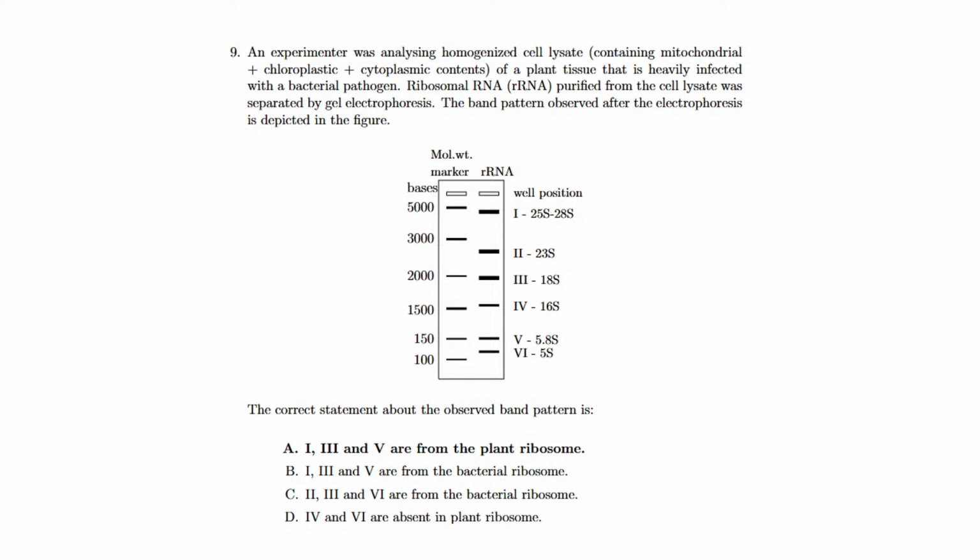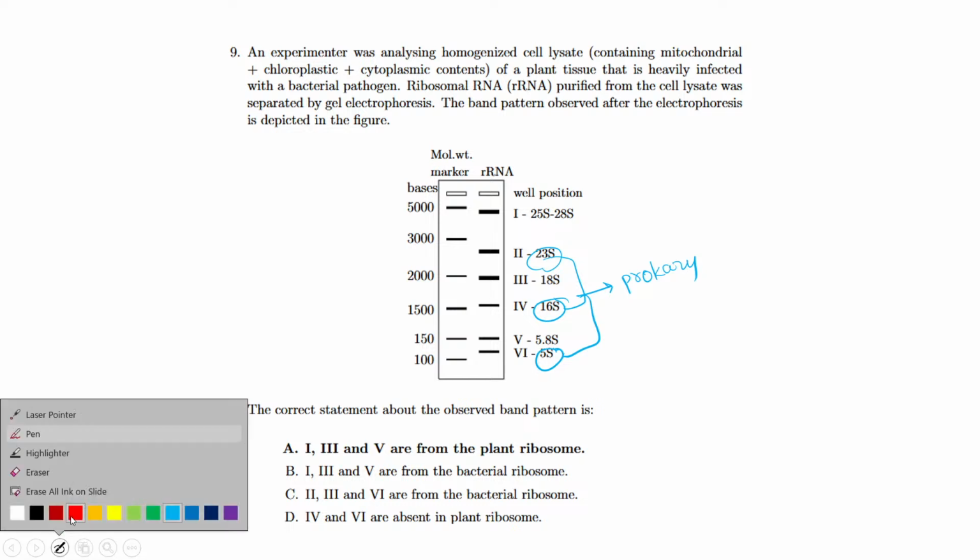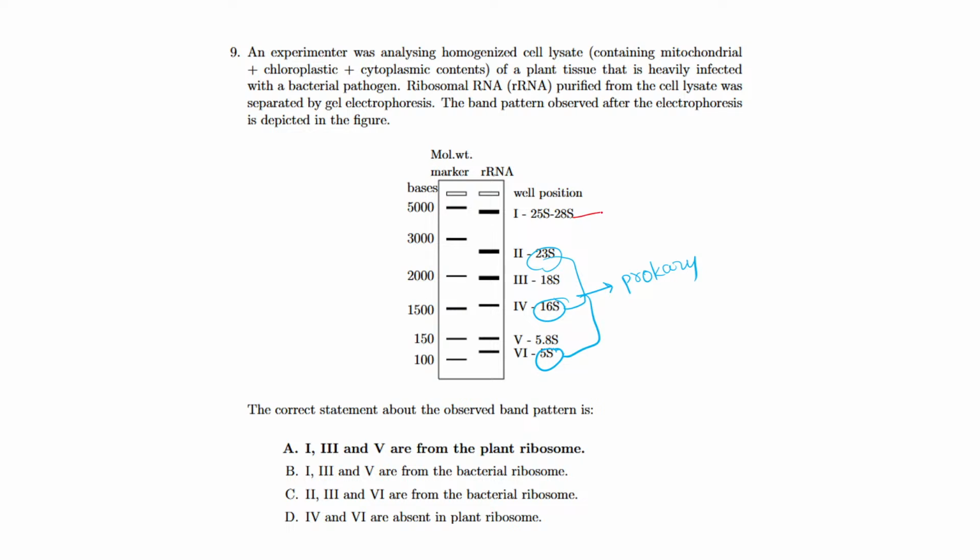The 28S rRNA is also a part of the eukaryotic large subunit, the 60S. But 5S, 23S, and 16S are from the prokaryotic ribosome, and 28S, 18S, and 5.8S are from the eukaryotic ribosome.